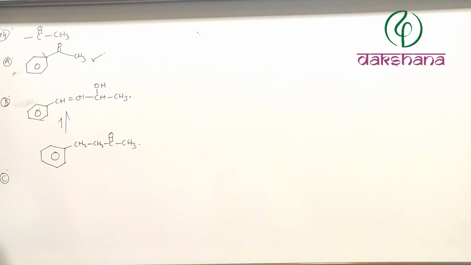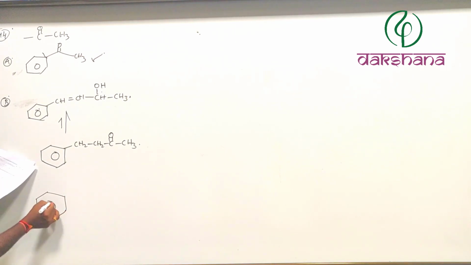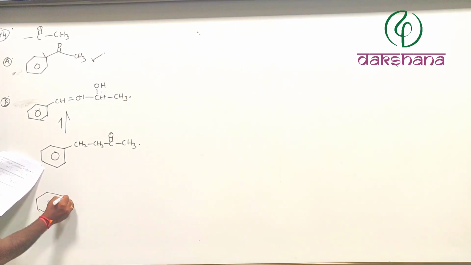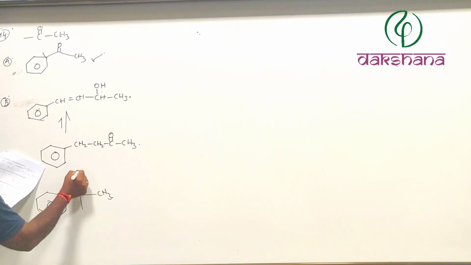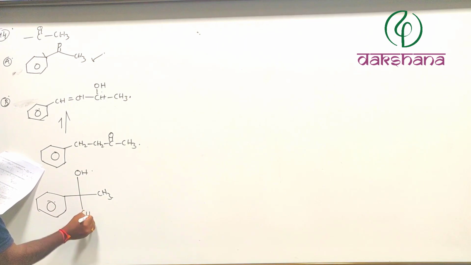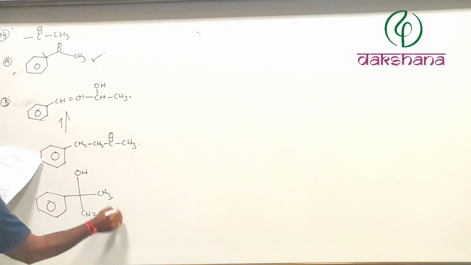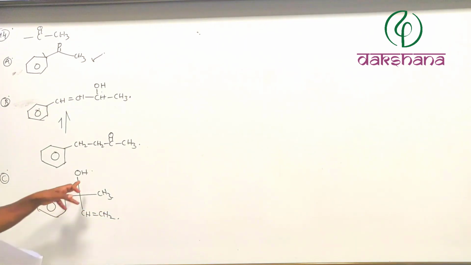Next, C. Here, how is keto-enol tautomerism possible?